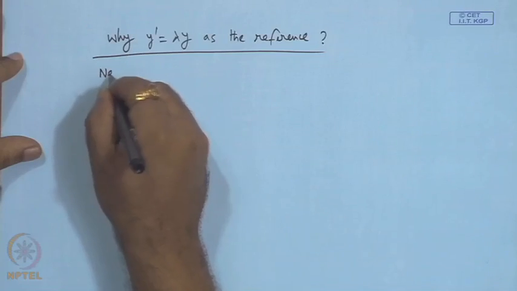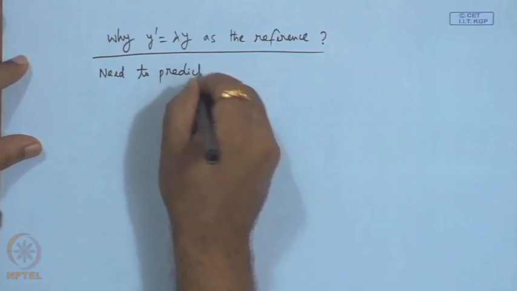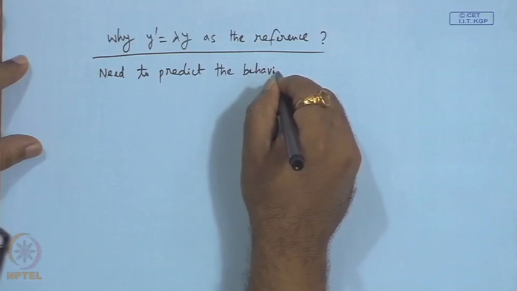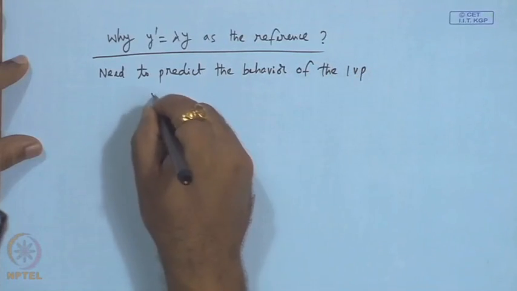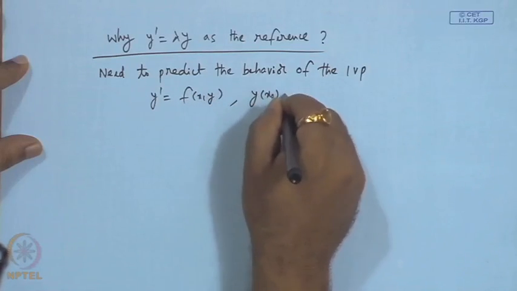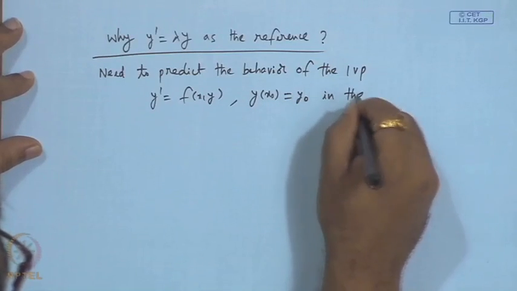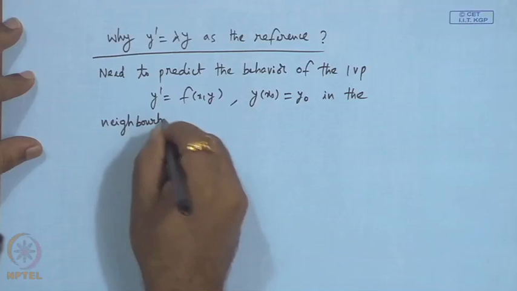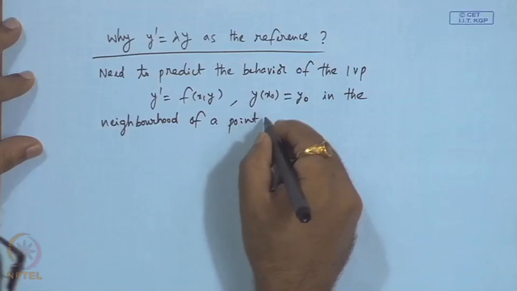So, that means we need to predict the behavior of the IVP in the neighborhood of a point.